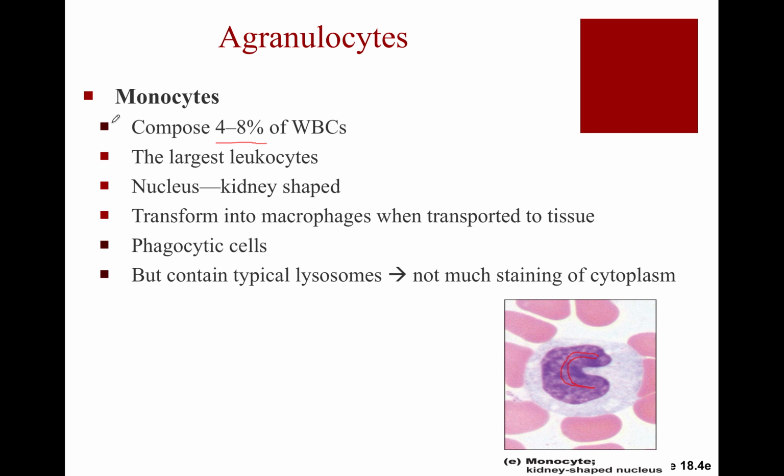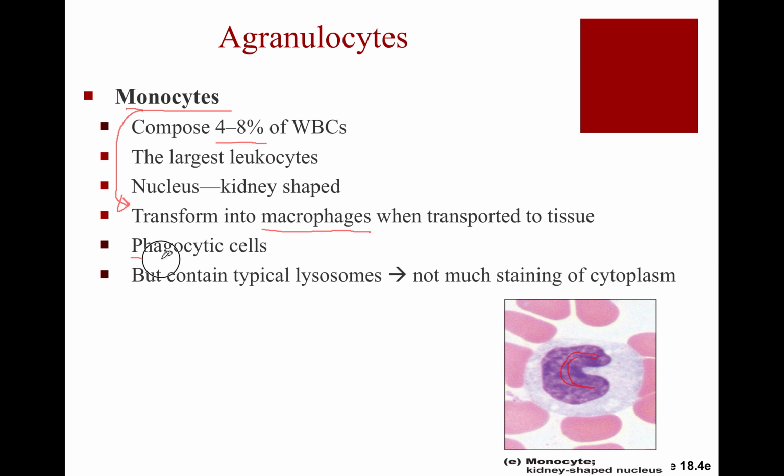Interestingly, for the other categories of white blood cells, you just have the primary name. But in the case of monocytes, it is basically an immature form of the cells. When they get to the tissue and find the infection to fight it off, they actually transform into their mature cells called macrophages.